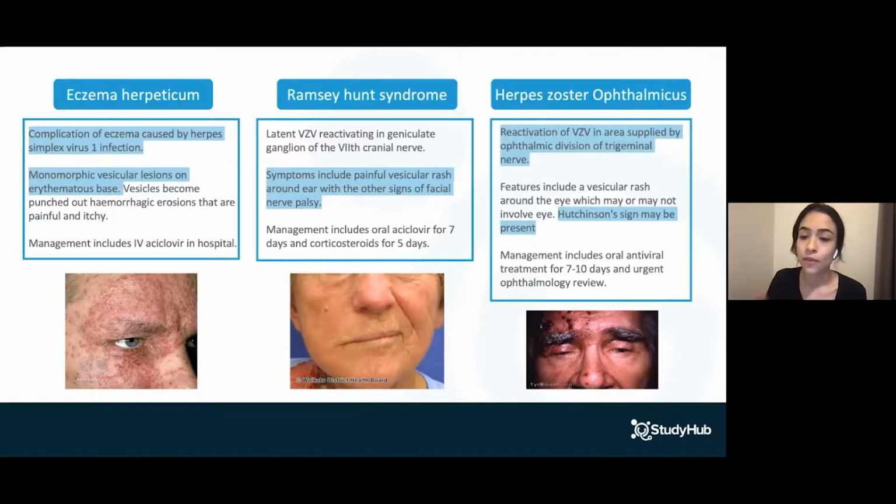The tip of the nose is Hutchinson's sign, which essentially just means if there's a rash on the tip of the nose, there may be some nasociliary involvement, which basically suggests that the infection may get to the eye and affect vision. It typically causes things like anterior uveitis. And so if you see Hutchinson's sign, you need an ophthalmology referral ASAP.